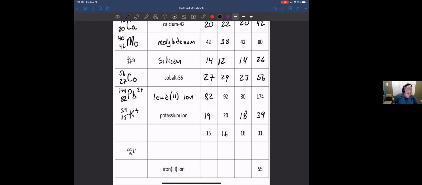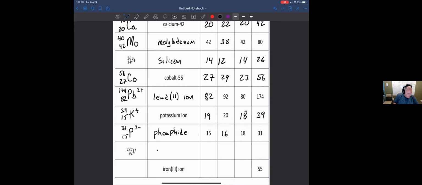So because it's 15, I know that it's based on phosphorus, but because there's 3 more electrons than there are protons, I know that it has a -3 charge. Again, from nomenclature, I know that this is phosphide. And the rest of the symbol would be 31 and 15.